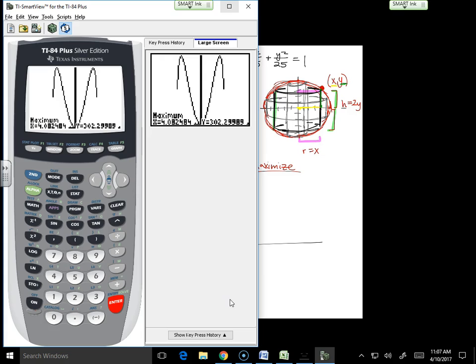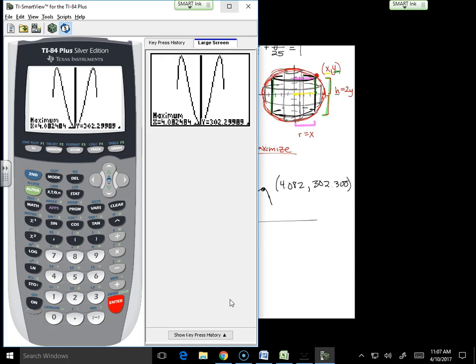Just for the sake of having it in my notes, I'm going to graph it, trying to find the maximum. The maximum is 4.08, I'll just round it to 302.299, that's kind of round, huh? 300.